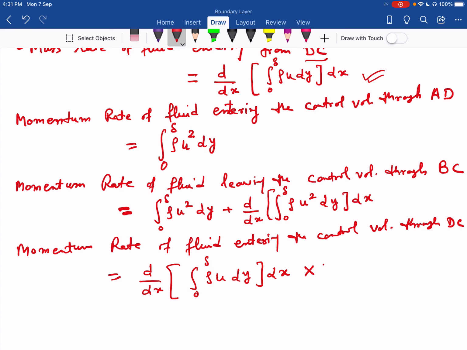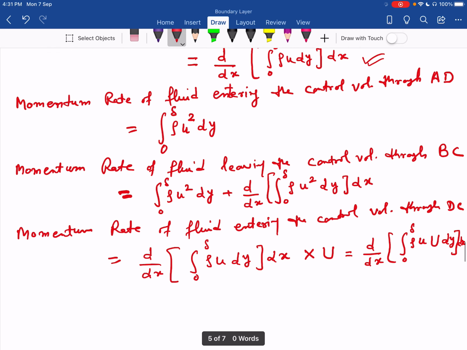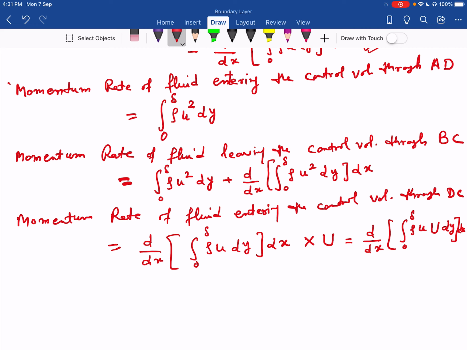I multiply this by U, or it comes out to be d by dx of 0 to delta rho small u capital U dy into dx. Okay, so these are the momentums now, momentum rate.